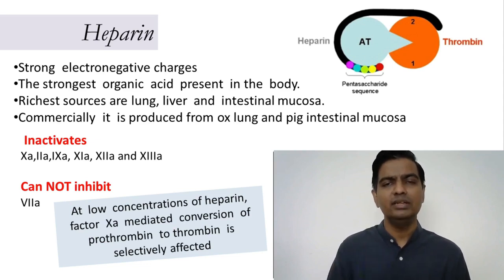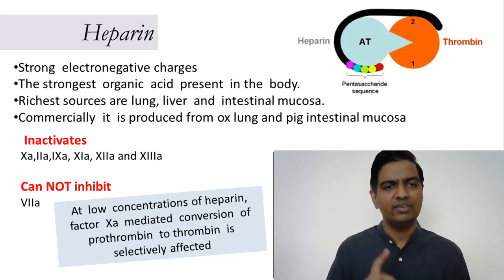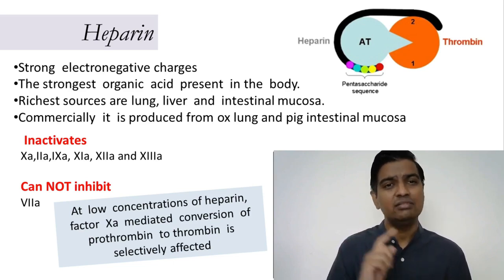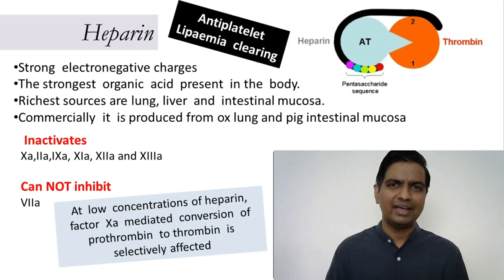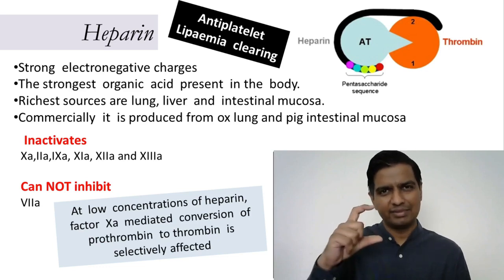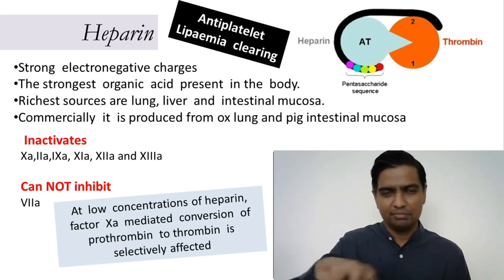So thrombin is not formed. Easy. But in higher doses, it can inactivate clotting factor 10, 2, 9, 11, 12 and 13. Easy. Apart from that, there are additional properties of heparin, that it is an antiplatelet and it also can clear lipids from plasma samples, but they are not really in line with this particular topic.